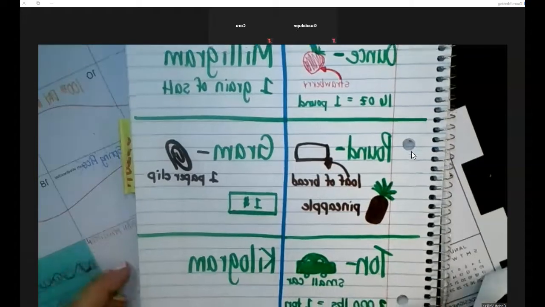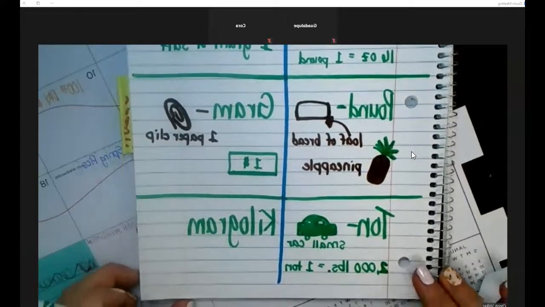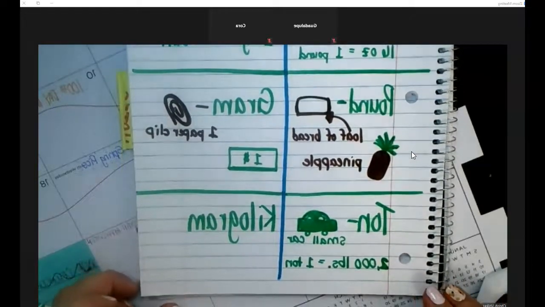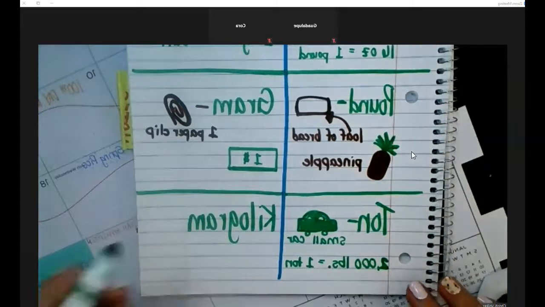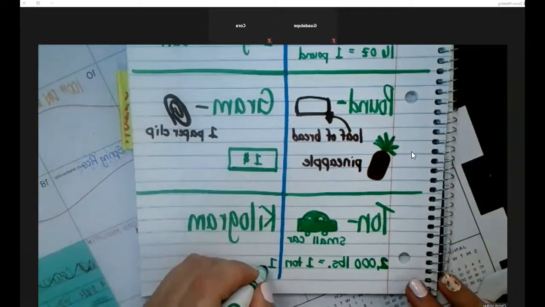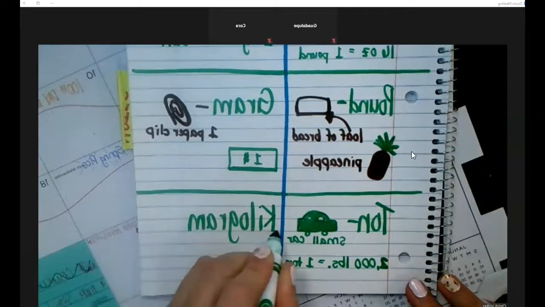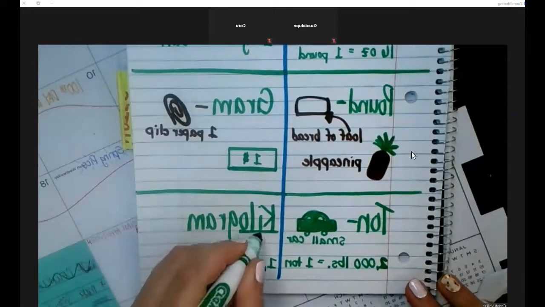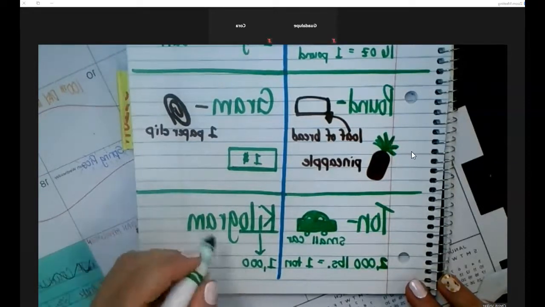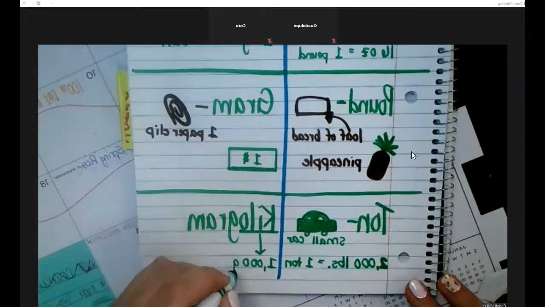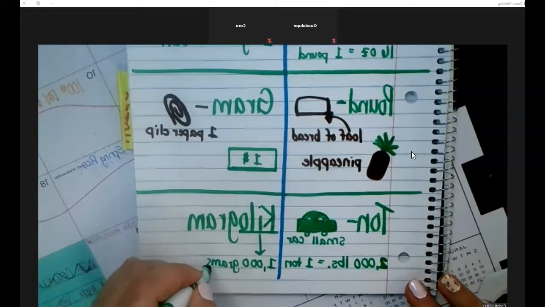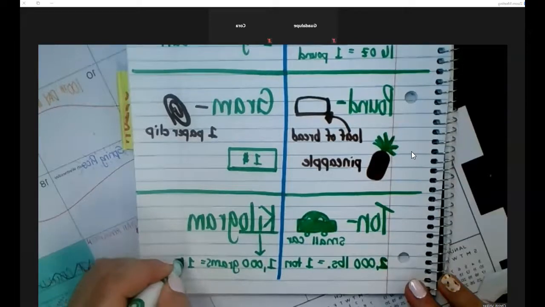Okay, and a kilogram, do y'all remember anything from yesterday? It was 1,000 grams, right? Because that's what kilo means. Kilo means 1,000. So 1,000 grams equals 1 kilogram.